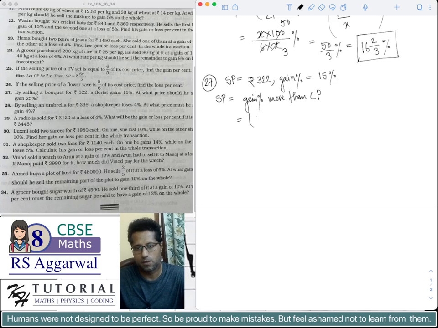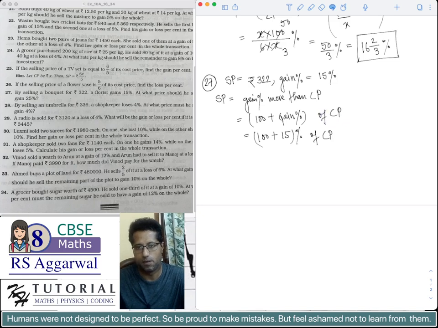This means 100 plus gain percent of CP. This is equal to, now gain percent is given to be 15%, so 100 plus 15% of CP.